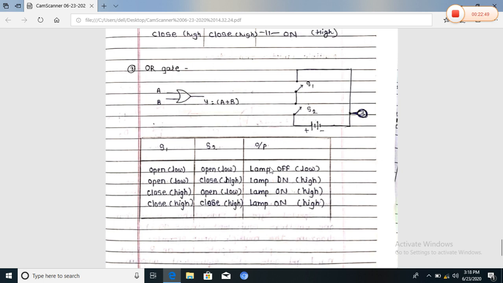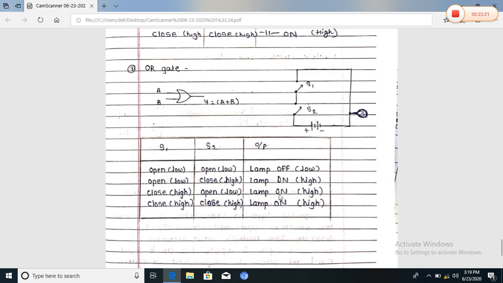Next condition of the OR gate, the 0 1 condition. 0 1 condition means S1 is open, 0, low, and S2 is 1, high. In the 0 1 condition, the output lamp is on, that is high. Next condition of the OR gate, 1 0, means S1 is close, high, S2 is 0, that is the 1 0 condition, and the output lamp is on, that is high.